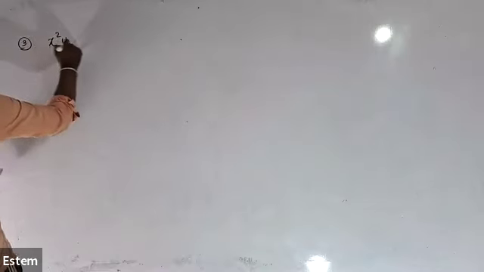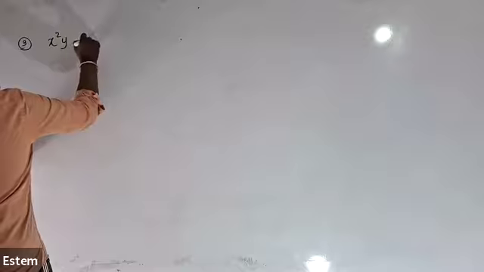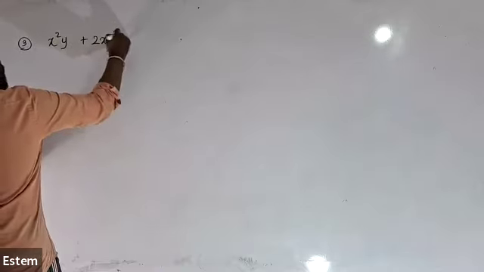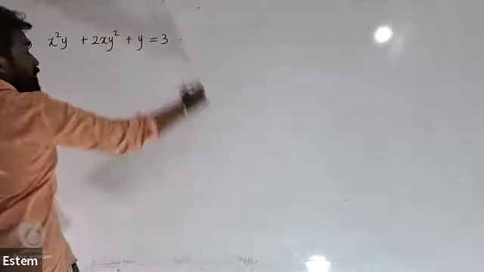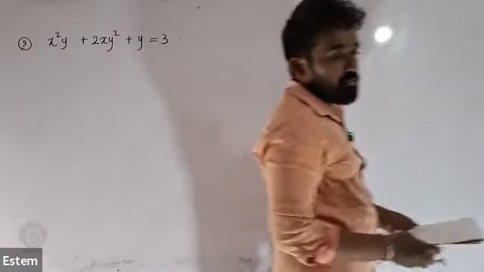Okay. Now, the third example. x squared y plus 2x y squared plus y equals 3. Can you differentiate this? This is also an implicit function.